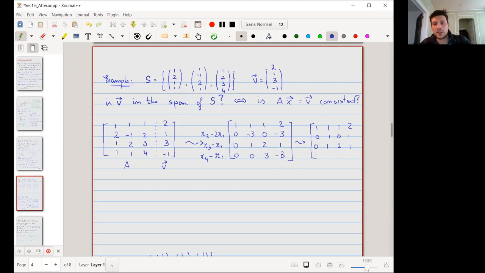And the third row will be 0, 0, 1, -1. I like this because it is cleaner. We settled the first column. Now let's take care of the second pivot column. I'll use the 1 in the second row, this pivot position right here, to eliminate the rest.